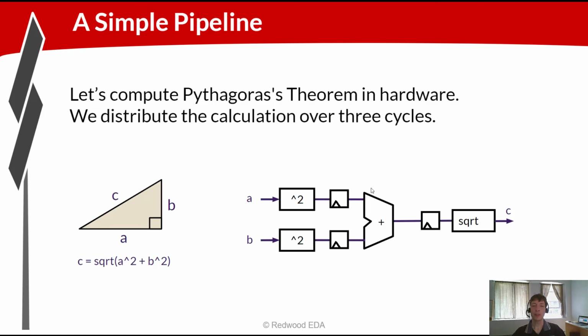And I've distributed this computation over 3 pipeline stages, meaning I'm putting flip-flops in between, because the computation is too deep to perform in a single cycle. In fact, square root itself is a whole different game that you could never compute in a cycle, but just for illustration purposes, we'll assume that's a single cycle square root.